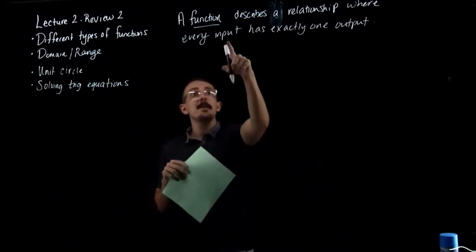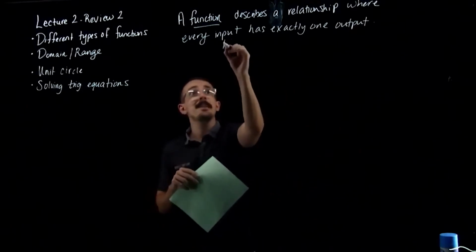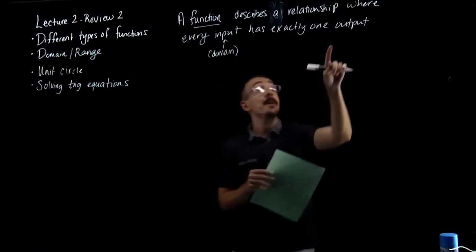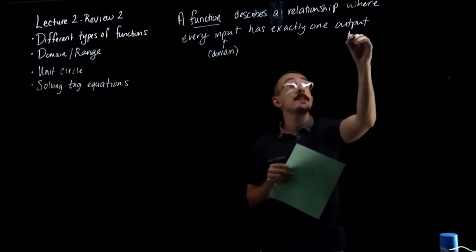And typically, we call this the domain of the function. This is the domain. And then the outputs are called the range.